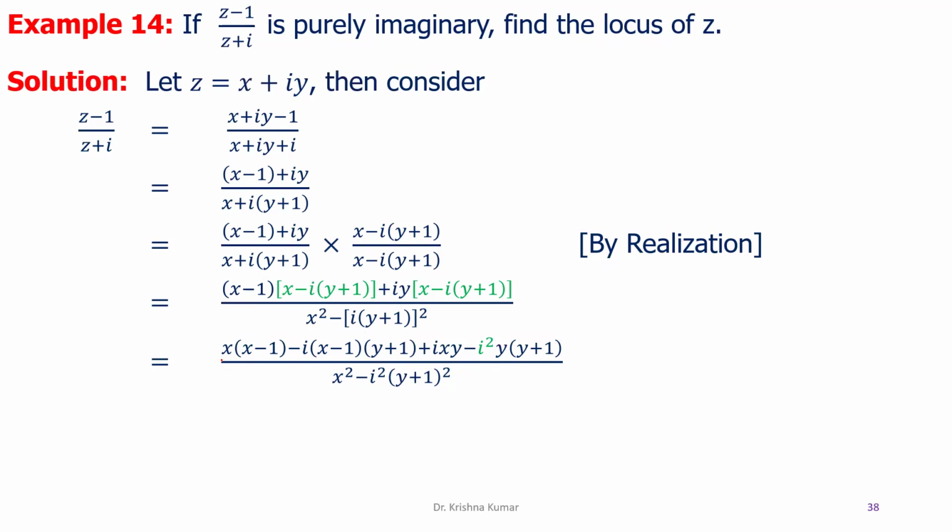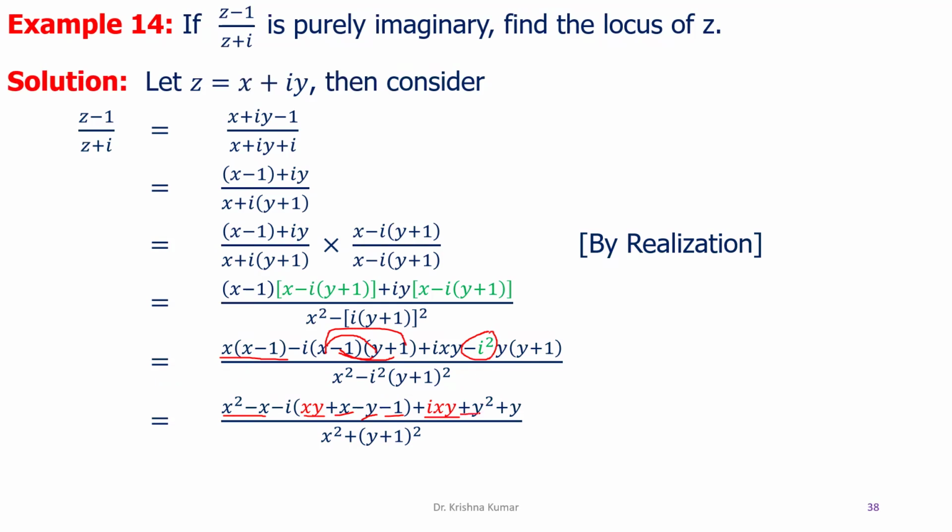Again, let us simplify this part. x into (x minus 1) is x square minus x. Then minus i, which we have taken outside: x into y is xy, then x minus 1 into y is minus y, and minus 1 plus 1 is again minus 1. Plus i of xy, minus i square is plus 1, because i square is minus 1, so minus into minus becomes plus. And y into (y plus 1) is y square plus y.